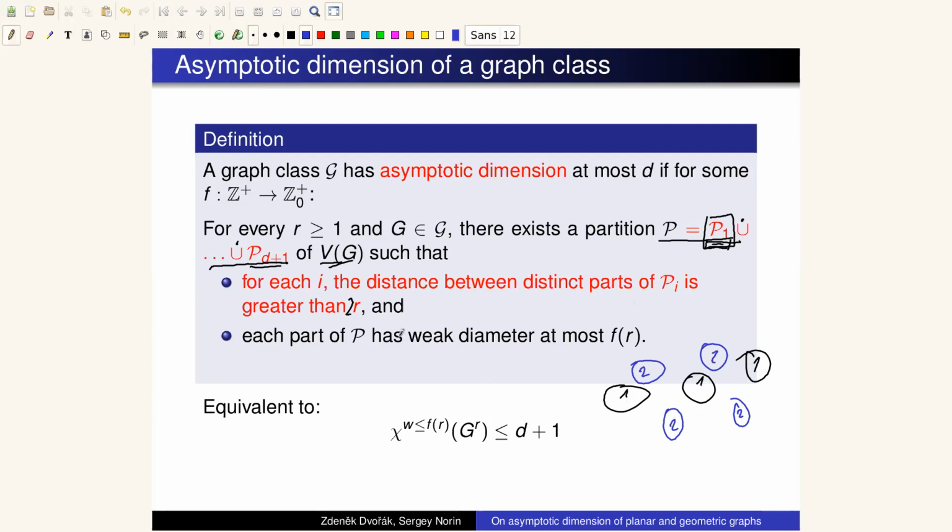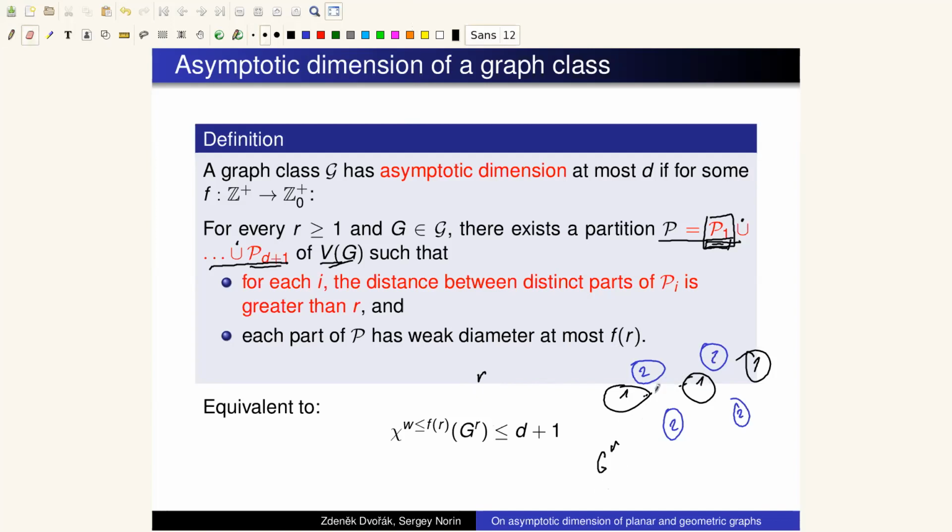So what just happened? Let's fix this radius r somehow. If I have a look at the r-th distance power of my graph, where I join any two vertices which are at a distance r from one another by an edge, I will not have any edge between different parts.